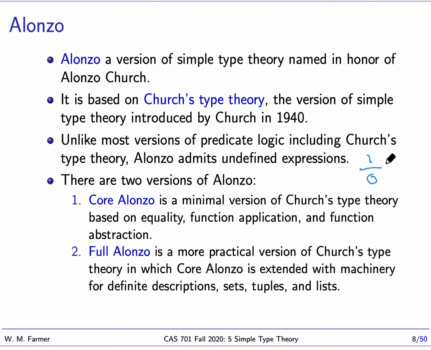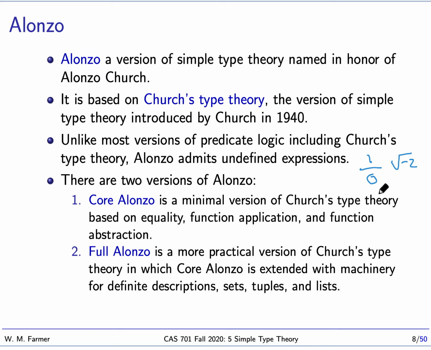And this is the way things are normally done in mathematical practice. Another example is the square root of minus 2 when the square root is on the real numbers. This is a perfectly good expression. It just doesn't denote anything. So Alonzo admits undefined expressions in this fashion, and that sets it apart from other systems.